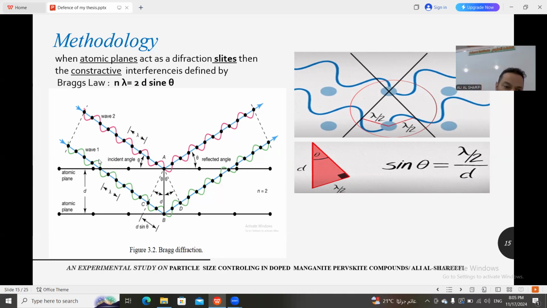Here, wave number one, wave number two, some of them are scattered, incident angle, reflected angle. Here from this point to this point is d sine theta, from another point d sine theta. That means I have here 2d sine theta. The distance between these two atoms is d.